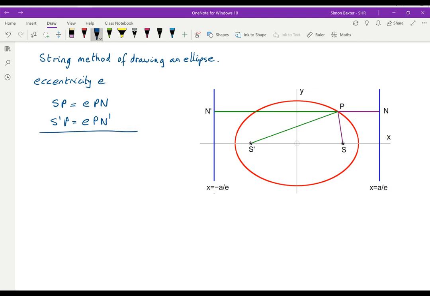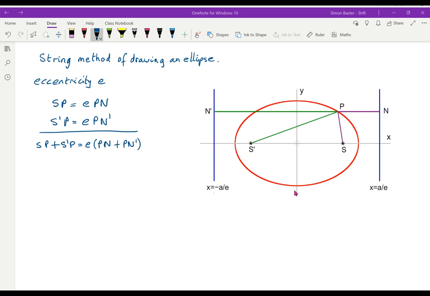And if I add that together, I get SP plus S dashed P is going to be equal to e, let's factorize while we're doing it, PN plus PN dashed. Well, PN plus PN dashed is just the total distance from N to N dashed.